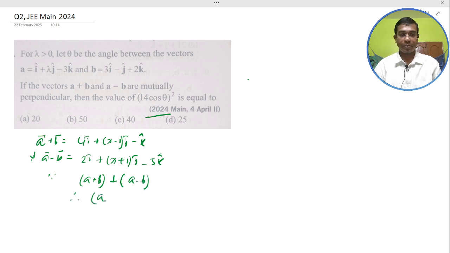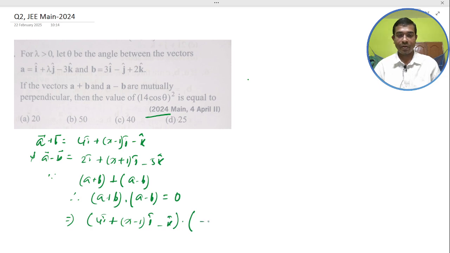Therefore, (A plus B) dot (A minus B) is equal to 0, or (4i plus (lambda minus 1)j minus k) dot (2i plus (lambda plus 1)j minus 5k) is 0.